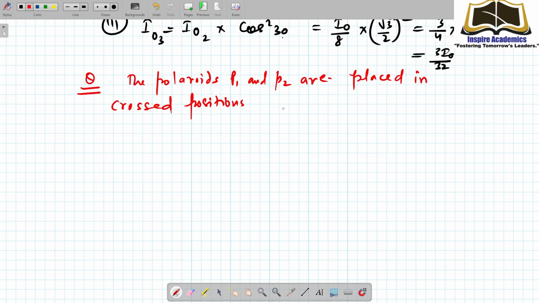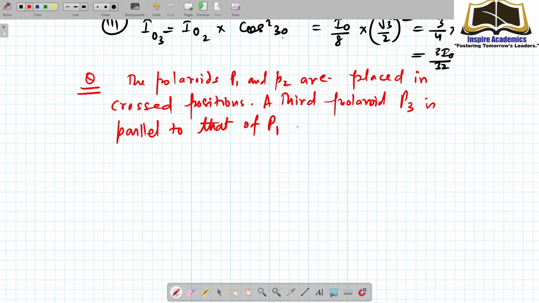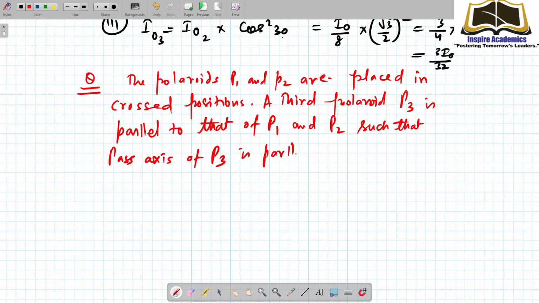A third polaroid P3 is placed such that path axis of P3 is parallel to that of P1.